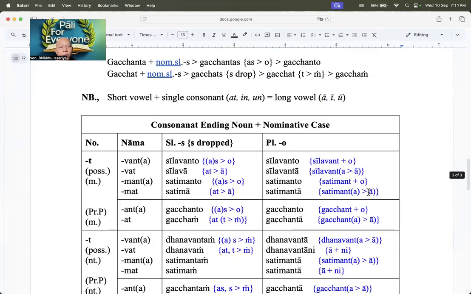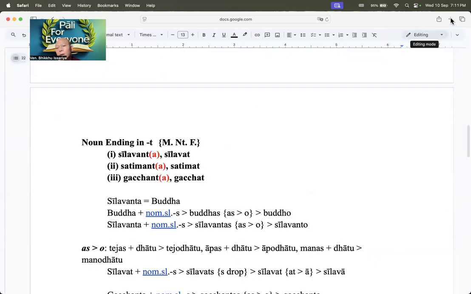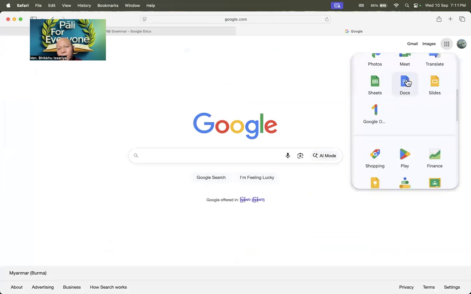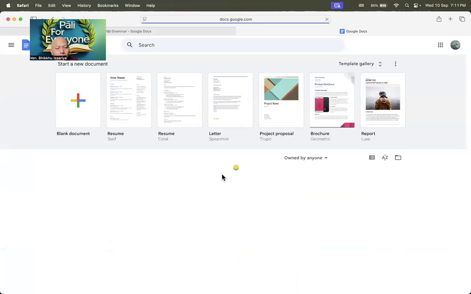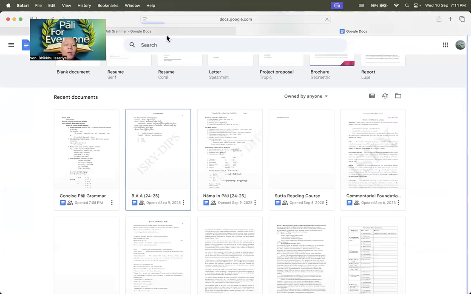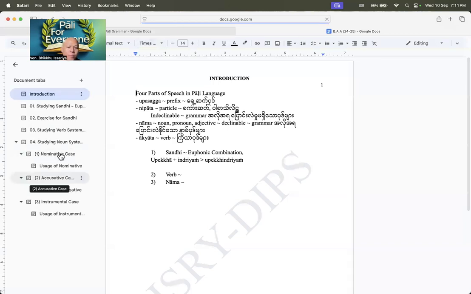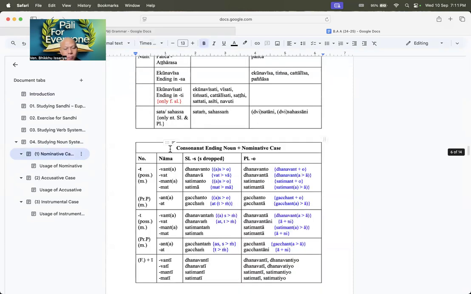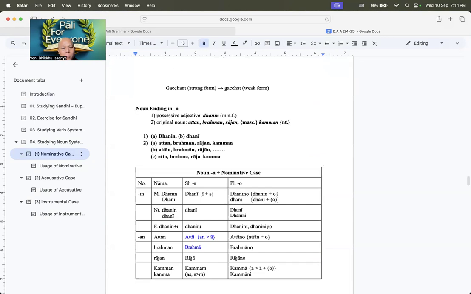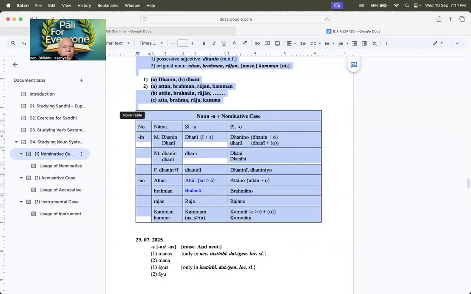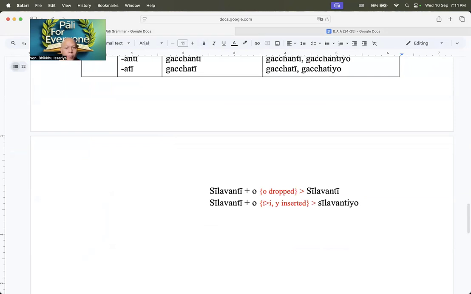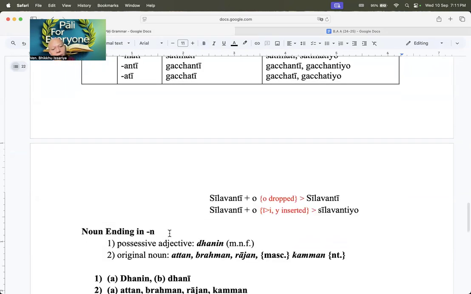So now let's go to those nouns ending in the 'na'. For those ending in the 'na', there are two kinds.